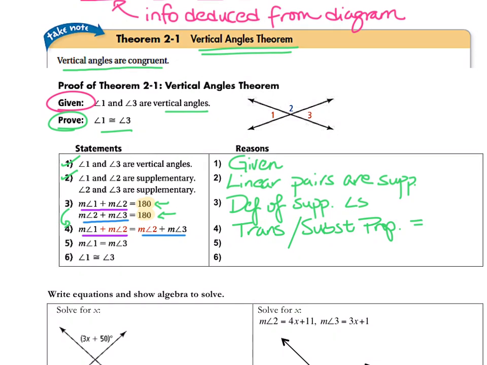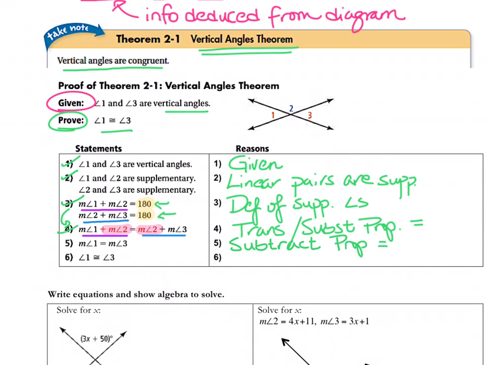So basically now we've used step 3 to get to step 4. We're looking how to get from 4 to 5. Now notice that we have this measure of angle 2 that's the same on both sides, and that means that we can subtract the measure of angle 2 on both sides. So that's the subtraction property of equality.